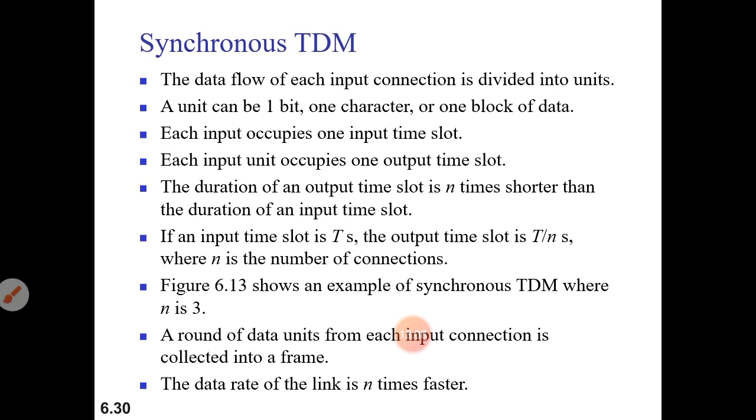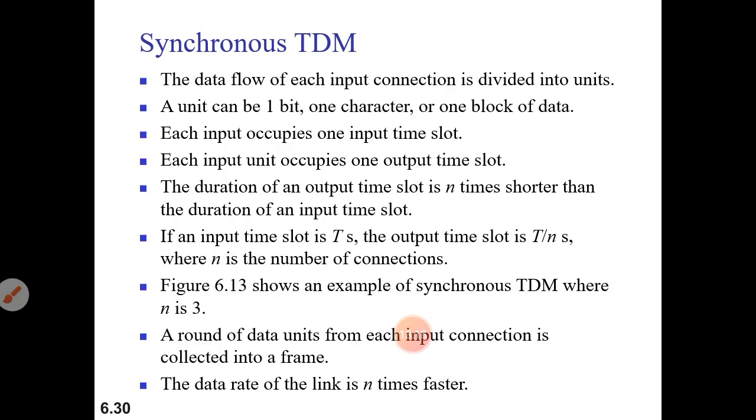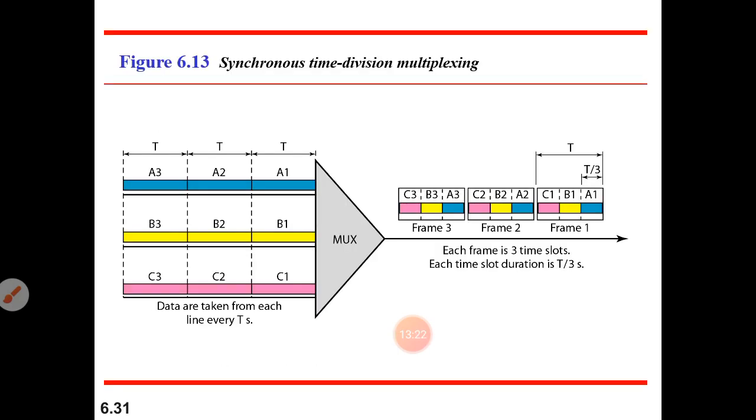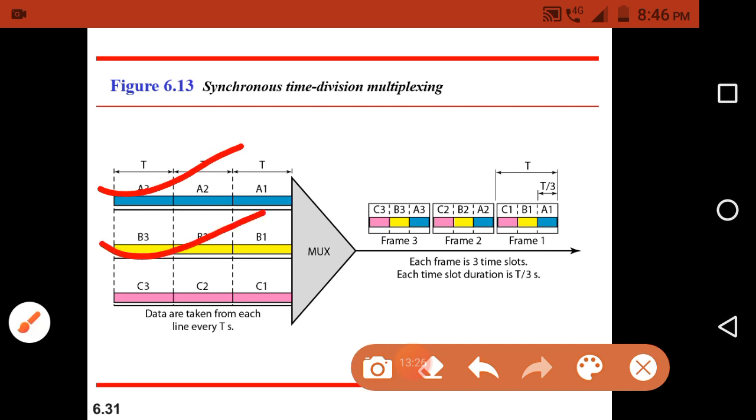Next, a round of data units from each input connection is collected into the frame. Whatever data unit we are collecting from each connection, we need to collect it into the frame at the output.